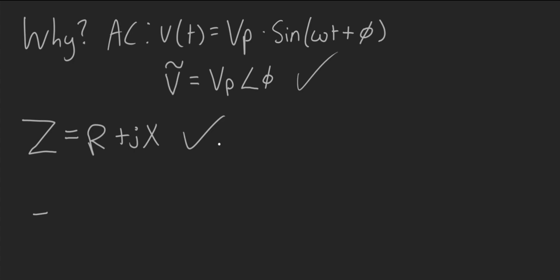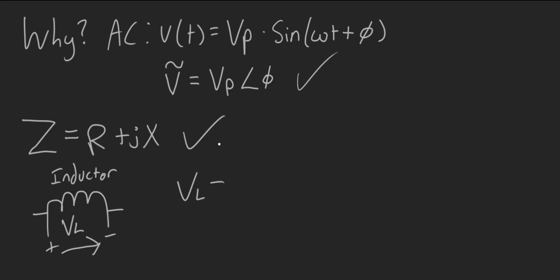So let's now consider an inductor, which has a voltage drop across it, represented as VL. VL is equal to the inductance of the inductor multiplied by the derivative of the current with respect to time.